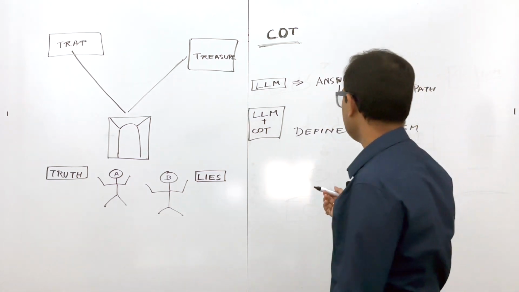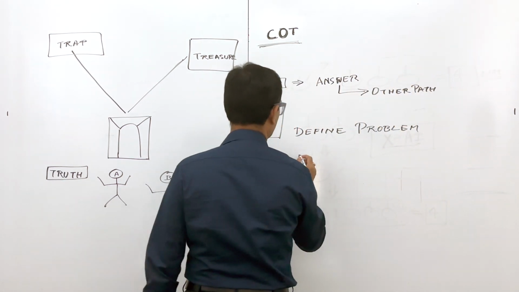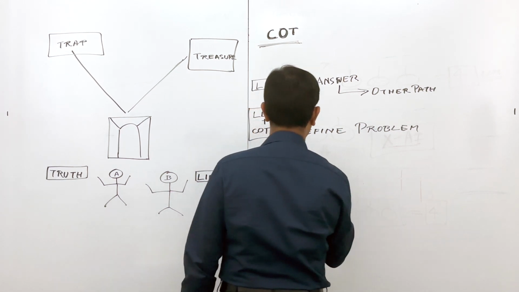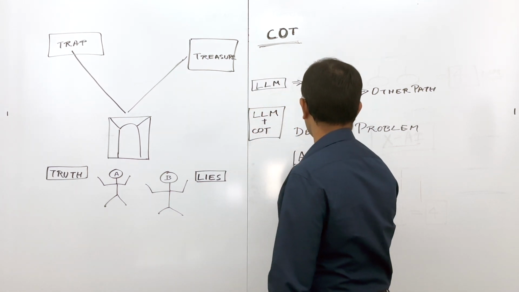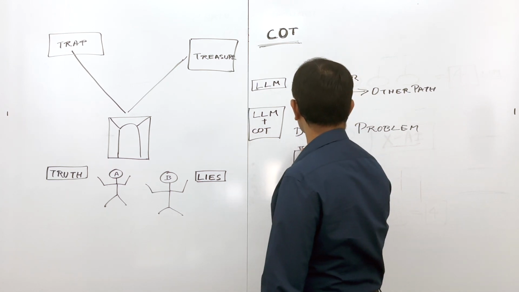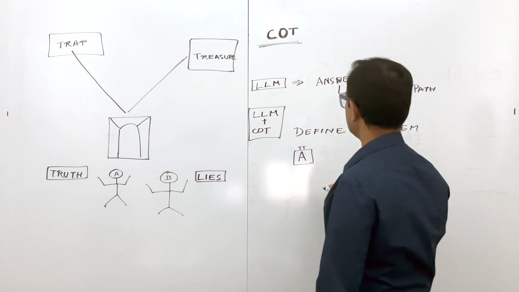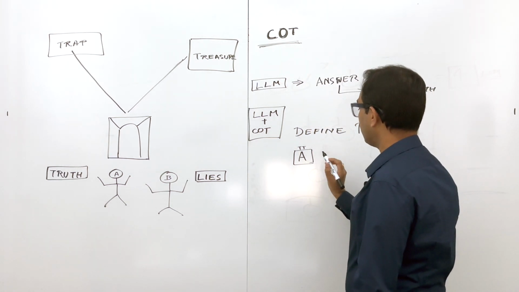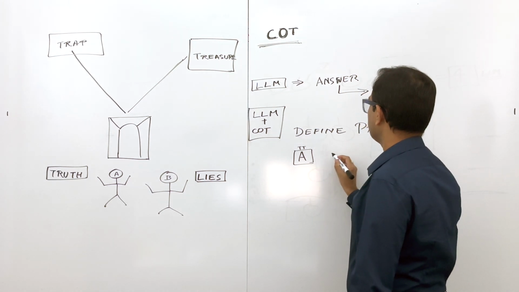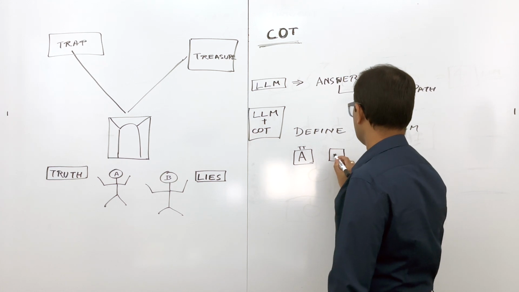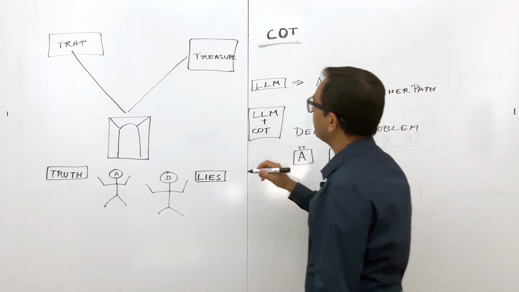So the LLM says, go to the first one. If you go to the first one, A, and suppose this is the truth teller, and you ask the question, what would B tell me? This guy is always saying the truth, and B is always saying the lie. Now, what will B say?